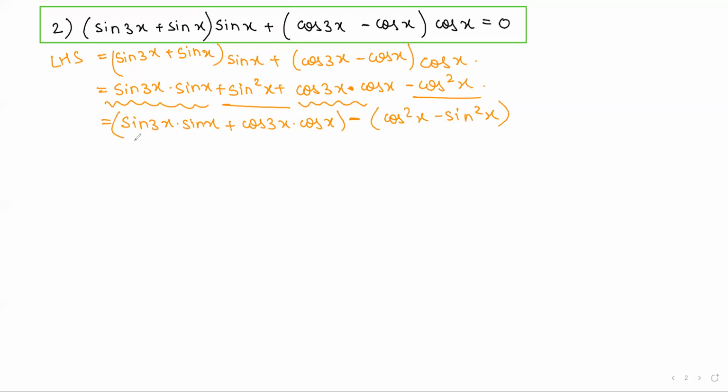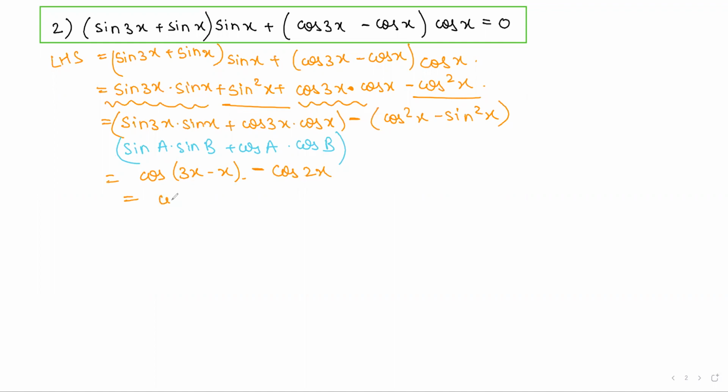Now your first two terms look something like sin A into sin B plus cos A into cos B. So you can write this as cos of A minus B, that is cos 2x, and minus cos 2x.